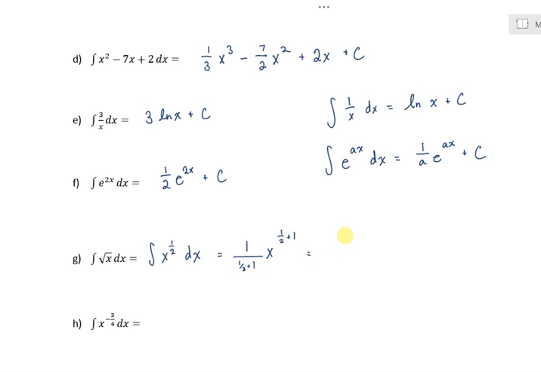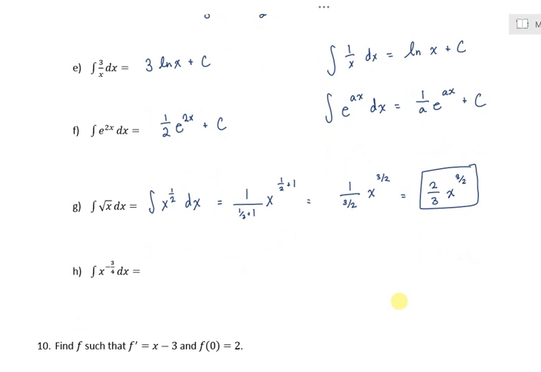That looks silly, so 1/2 plus 1 is 3/2. And 1 over 3/2 is 2/3. 1 over any fraction, you just flip it over. Oops, look at that. I forgot to add the c. Points off for me.